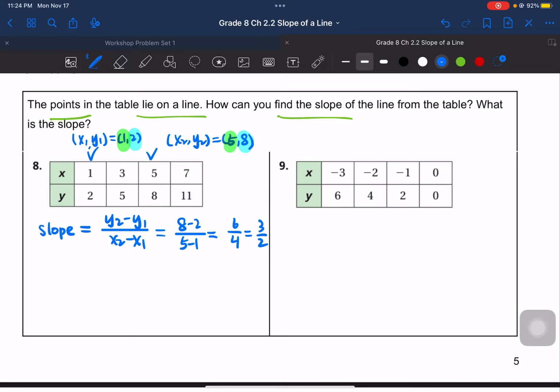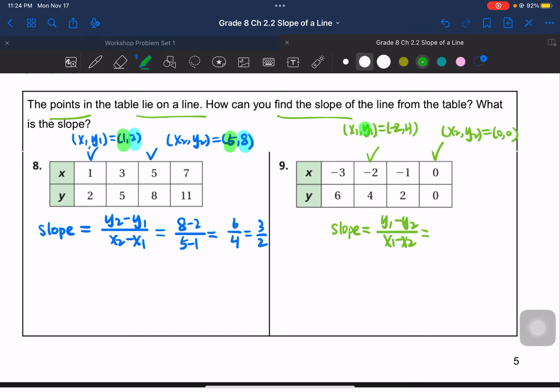Now I want to use the second and the fourth point. So let me do slope equal, now I want to inverse the direction. I want to do y1 minus y2 over x1 minus x2. So my x1, y1 is negative 2, 4, while my x2, y2 is 0, 0.